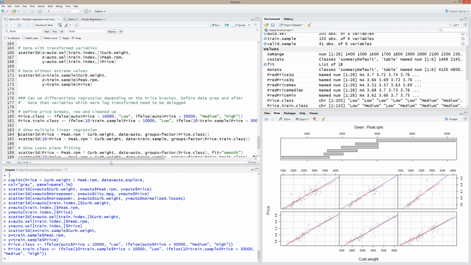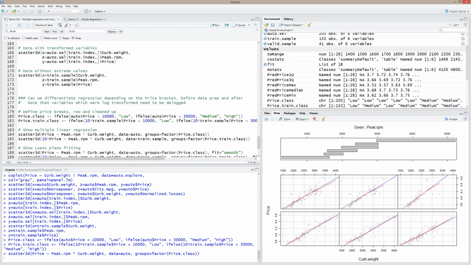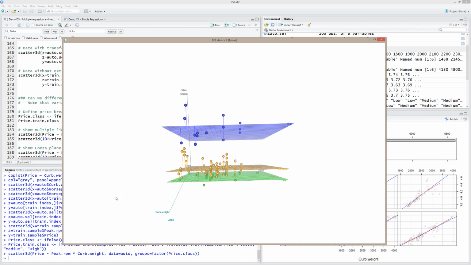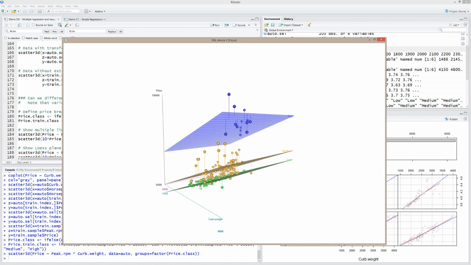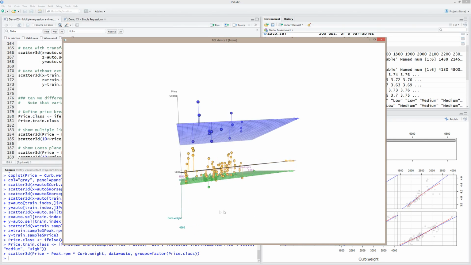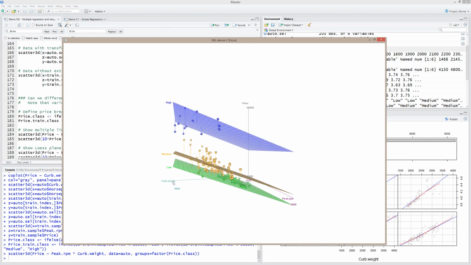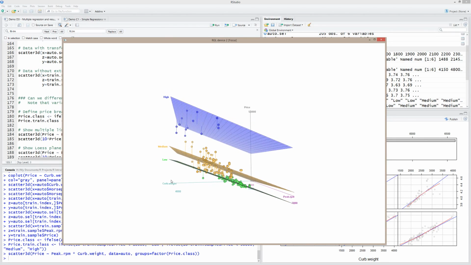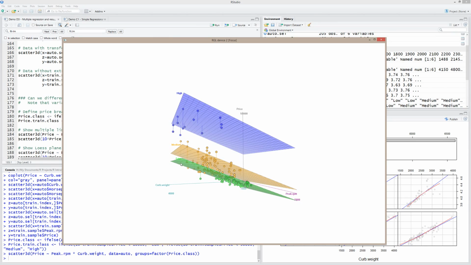As you can see, I create a model in the original data set, and the grouping will be by price categories. Let's look at this. You can see we have 3 planes. We have 3 groups of observations which belong to 3 categories of prices.